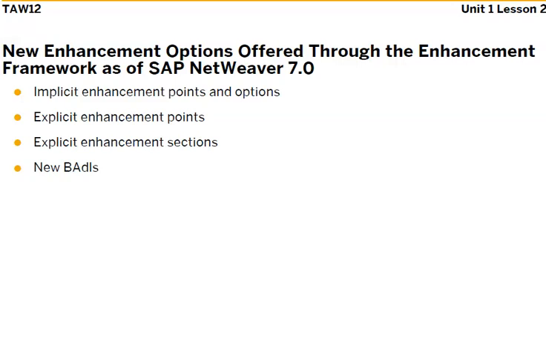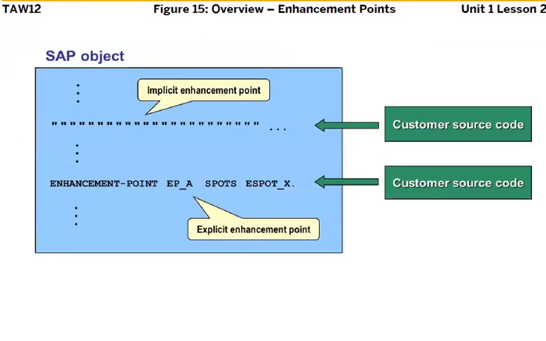So new enhancement options offered through the enhancement framework as of SAP NetWeaver 7.0. So implicit enhancement points and options, explicit enhancement points, explicit enhancement sections, and new BAdIs. These are the various ways in which we can actually enhance. So in a program, I'm going to show these things directly on the system.